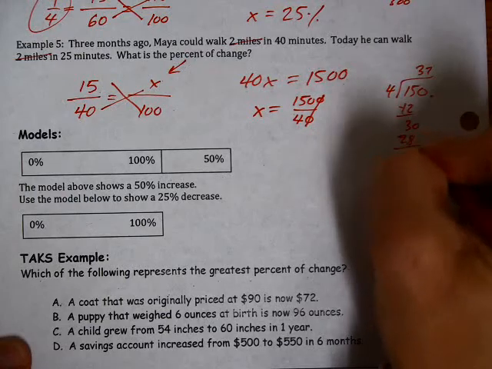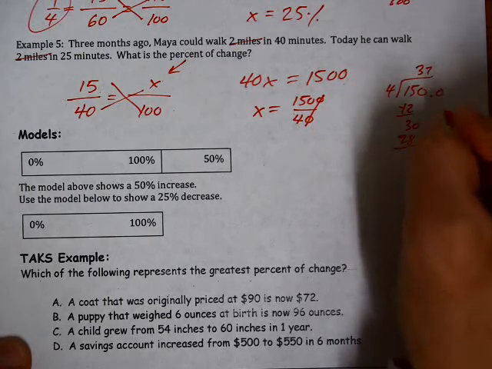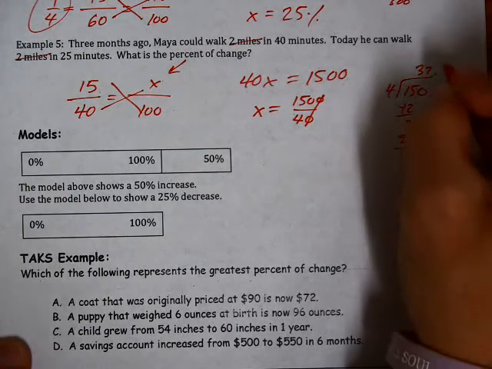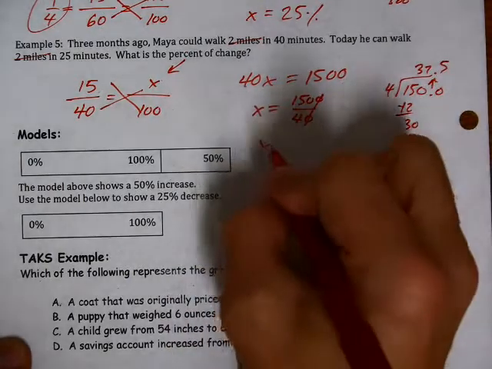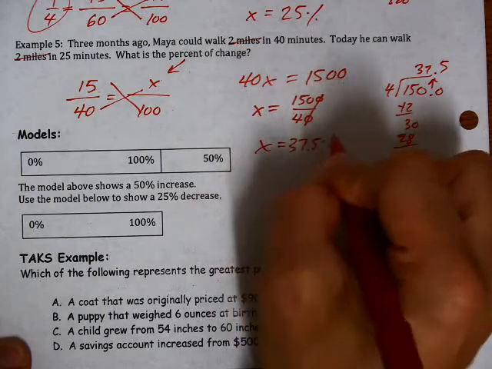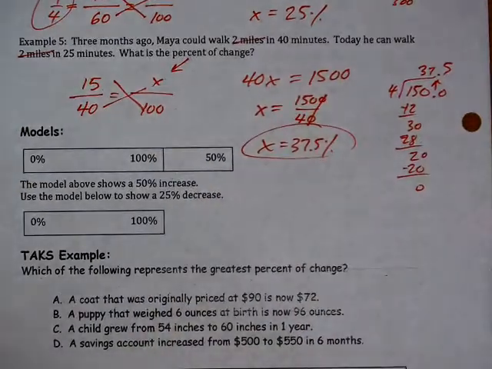Yes, it is. And if you need to stop the video at this point just to catch up, then that's fine. So again, when we get our answer, that is the percent, since that's what we were looking for. So Maya's time changed by 37.5%.